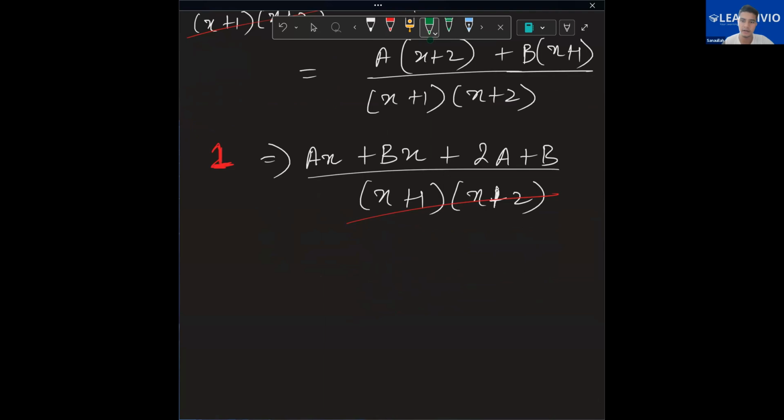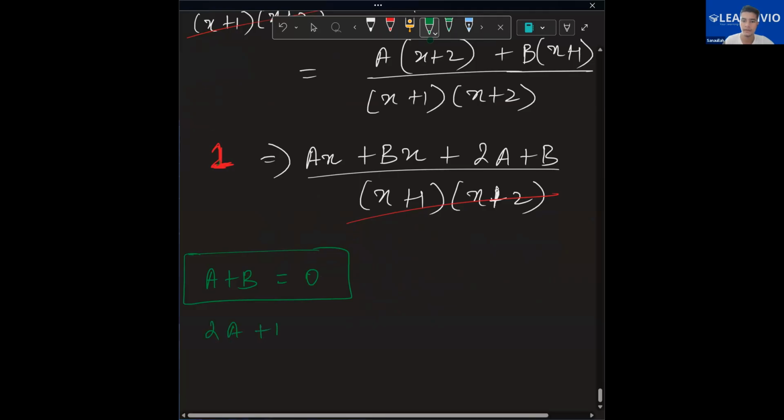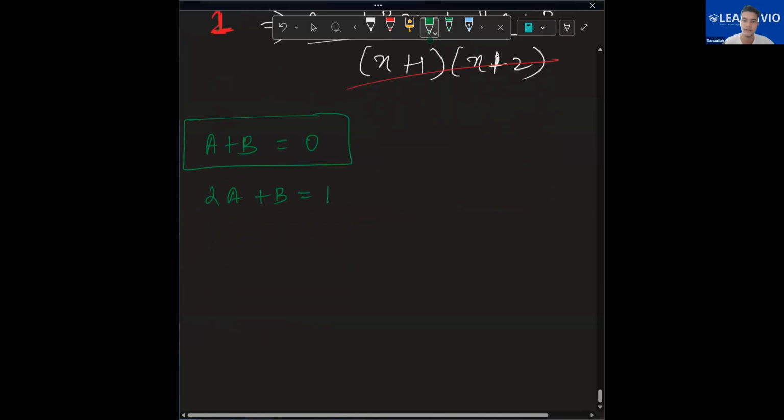See, you don't have any term of x, so coefficient of x should be 0. So you have to compare with the RHS, जहाँ पे a plus b coefficient है, इसका आंसर 0 है, so this is going to be 0. And you have a constant 1, है ना? You have one constant, so your 2a plus b is 1. ठीक है? Now you have to solve this.